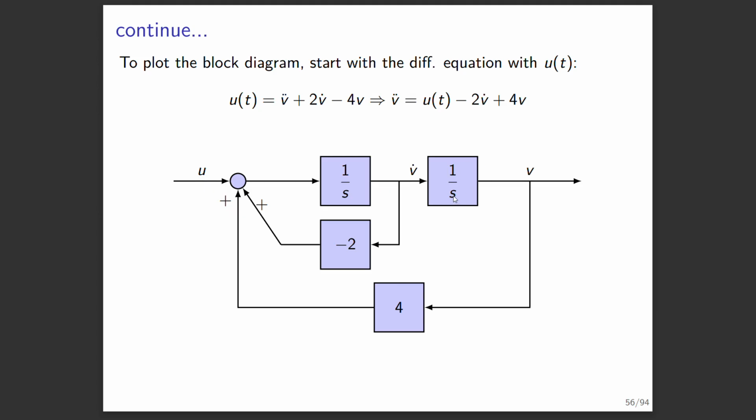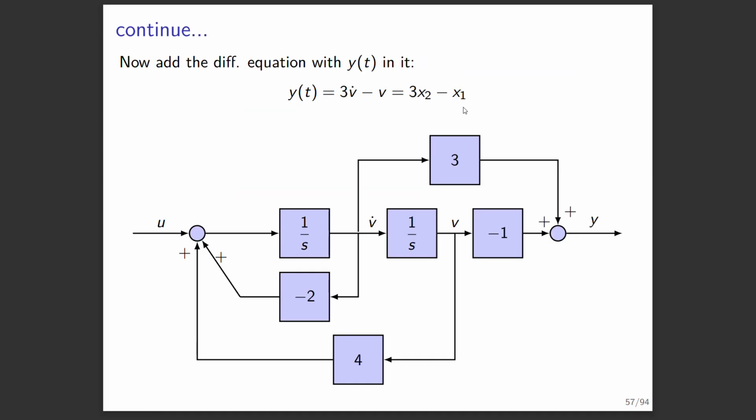If there is a block here with 1 over s, the signal that goes inside that block would be v dot, and the signal that is here would be v double dot. So I have v double dot is u plus, or here I have negative 2v dot, so I can show it with plus negative 2, or I can just put a 2 here and then a negative sign. And then plus 4v.